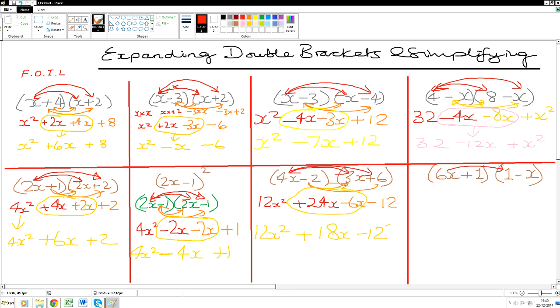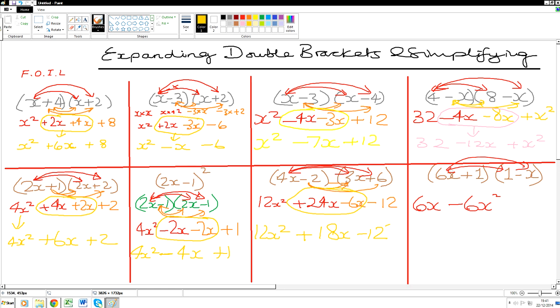6x times 1 is 6x. So we multiply the front two and the outside two. 6x times minus x is minus 6x squared. Lovely.